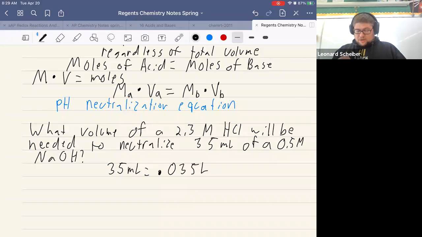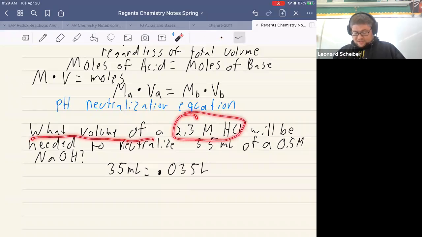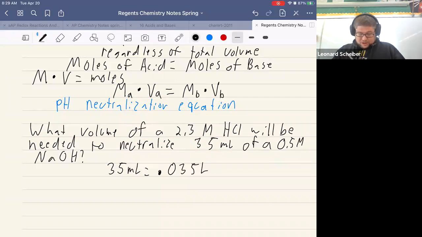So I'm looking for volume of acid. I know my molarity of acid, and the volume of acid is X. We know the molarity of the base and the volume of the base. Plug and chug.